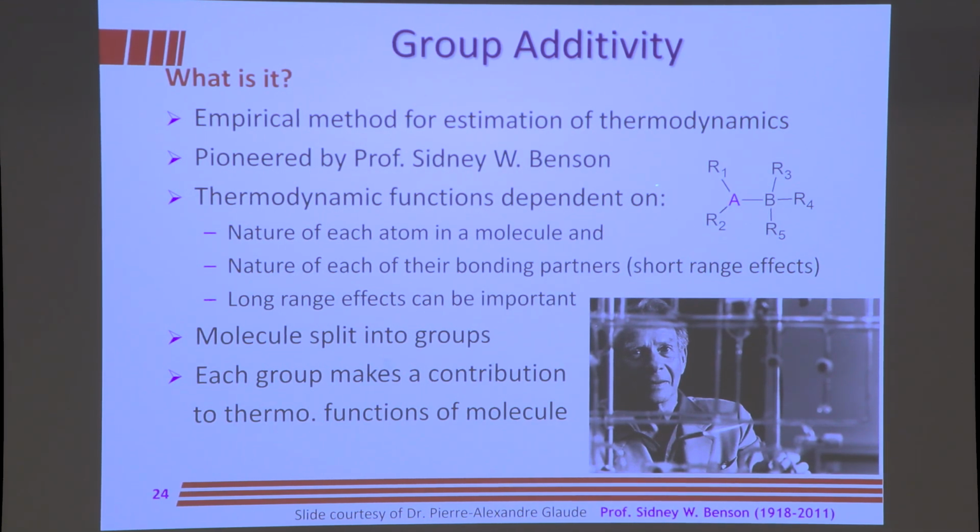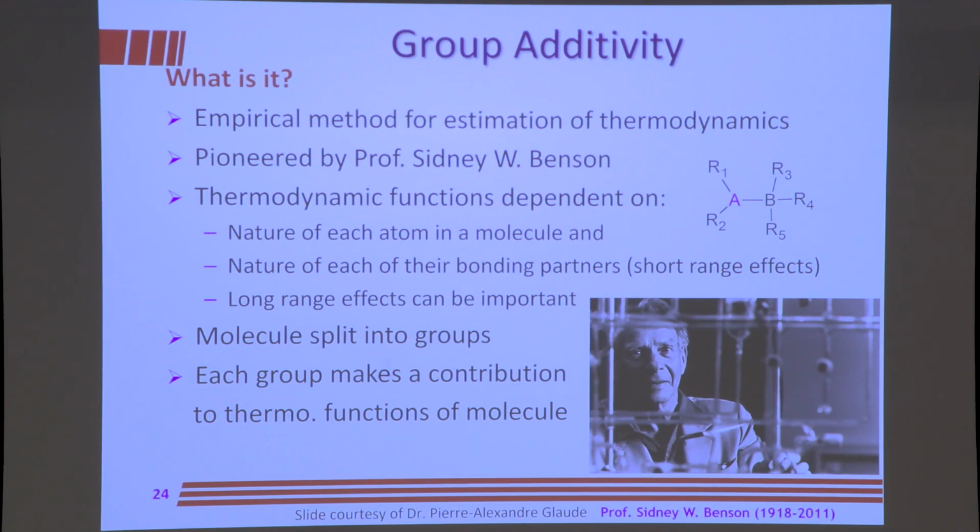So you've got 1, 2, 3, 4, 5, 6, 7 heavy atoms here, right? So we have this molecule which has 7 heavy atoms, and what we do is we break down that molecule into groups which are defined by the environment of each heavy atom in the molecule, right?